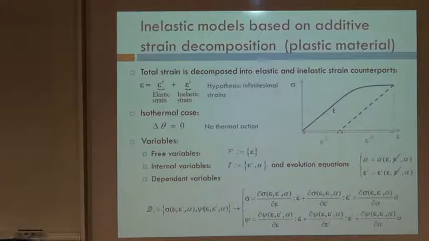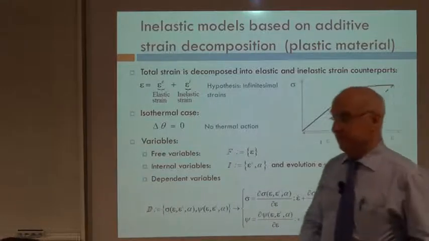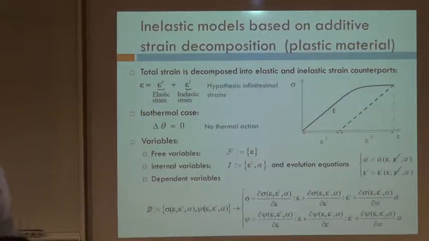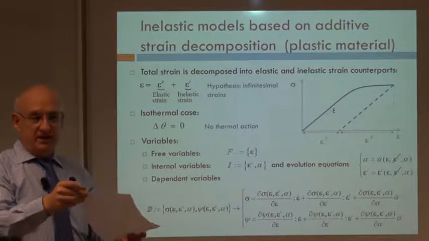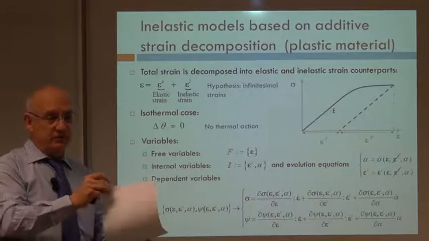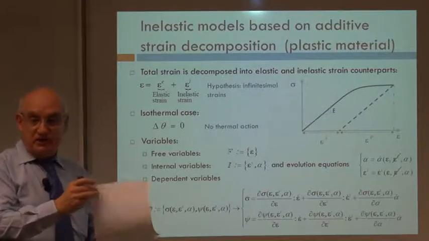That's typical of, for instance, metals or many other materials. For instance, if I take this paper and subject it to very small loads, I see that as I release the force, the paper recovers the initial shape.